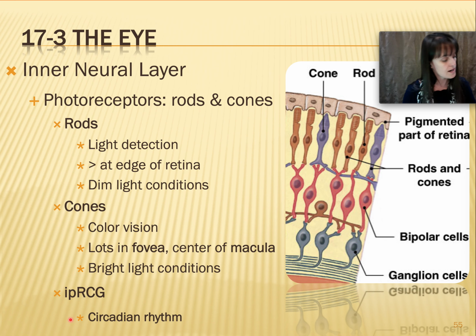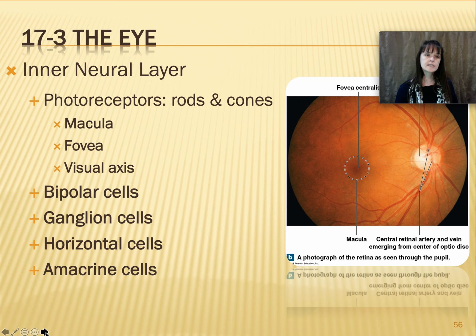There are around 125 million rods, mostly on the edges of the retina. There are 6 million cones, mostly towards the macula. And the macula is the center, the area with the fovea centralis in it. Macular degeneration is one of the leading causes of blindness in the US, which makes us very lucky.